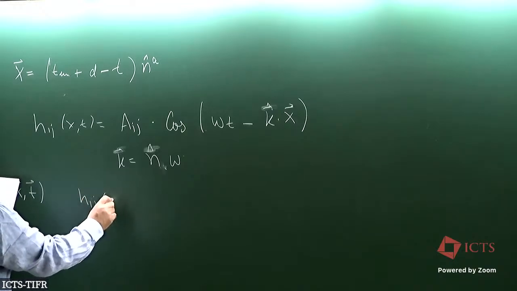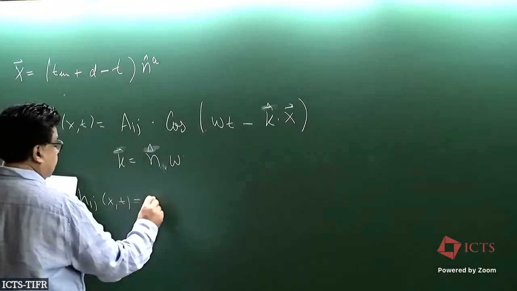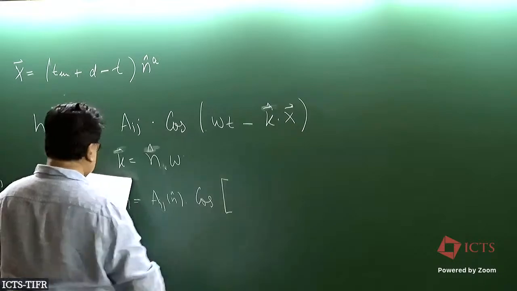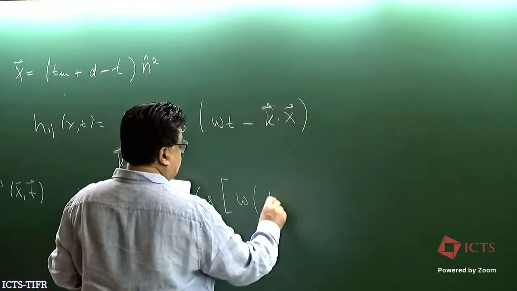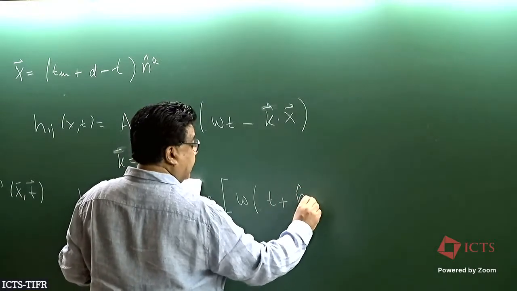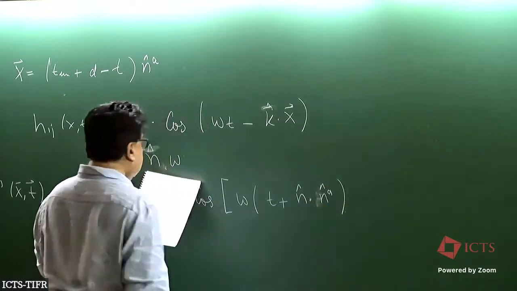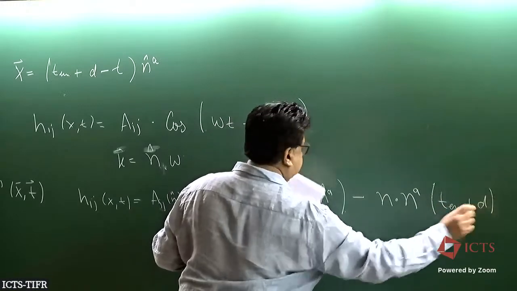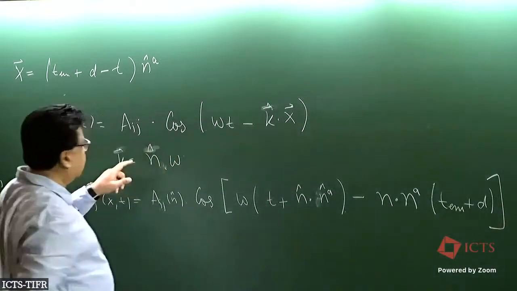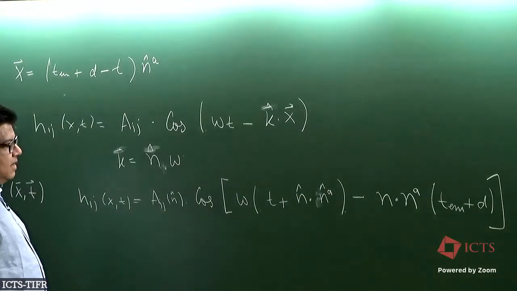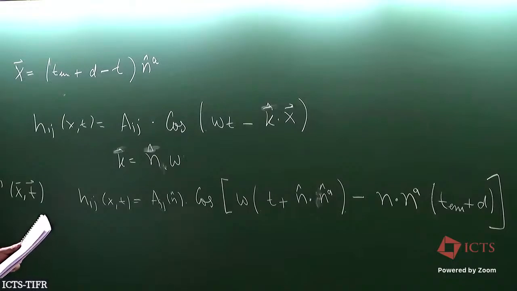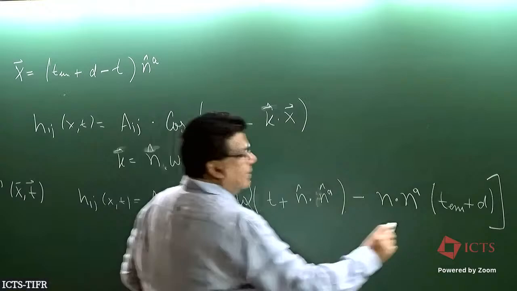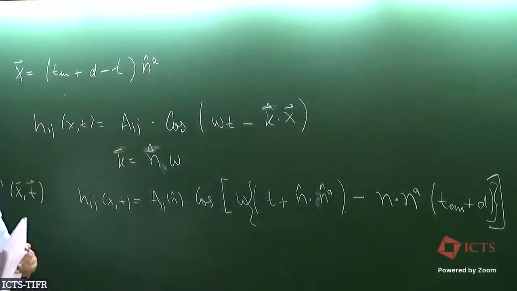So basically I have Aij, which is a function of n, cos omega, and substitute x, k from there and t from there, and omega multiplies everything. So there is one more bracket. Okay.